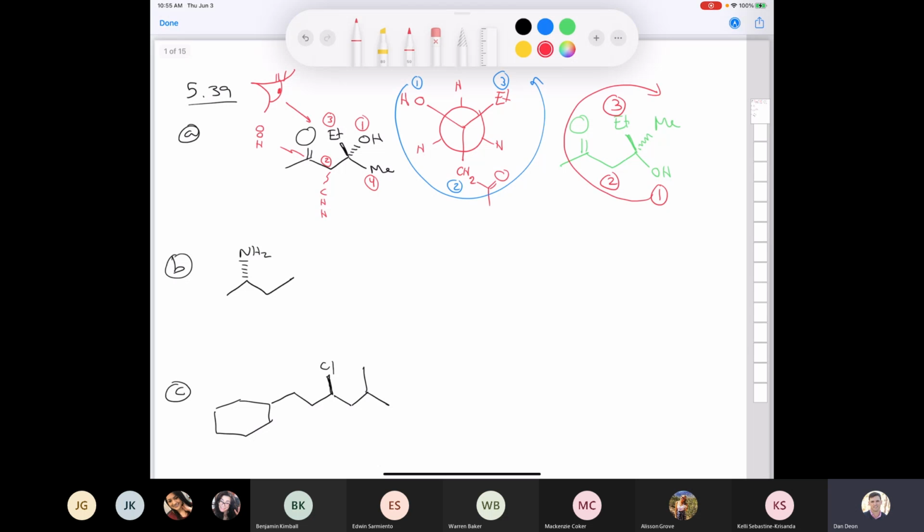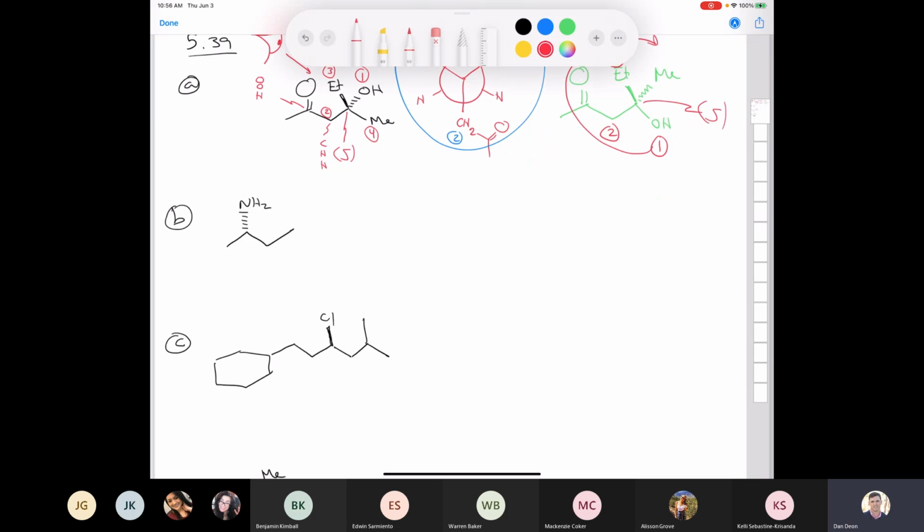Yeah, that's right. Which is clockwise, right? So I reverse it, and then it is S. So sorry, I was right. Anyhow, so either way works, and you end up with an S configuration for that stereocenter.